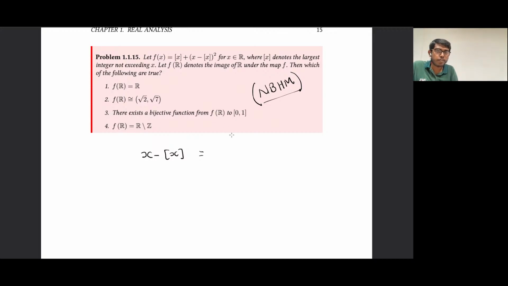False. Okay, let's see. So x minus the greatest integer of x is the fractional part. For example, 3.5 minus 3 gives the fractional part, 0.5.